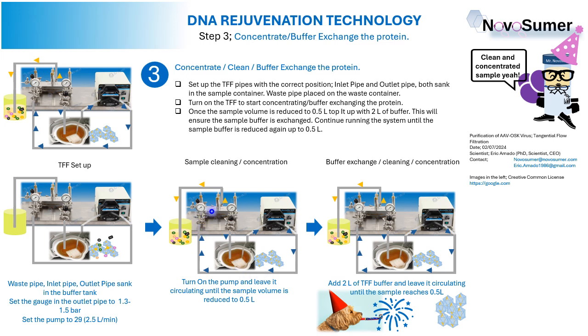So we are cleaning the EVs this way. And what happens in the second part? Remember, inside the TFF you have this membrane that has small pores. And when you create an excess of pressure in the pressure gauge, the contaminants that are very small cross the membrane. So they cross the membrane of the TFF and they go to the waste pipe, to the waste container.